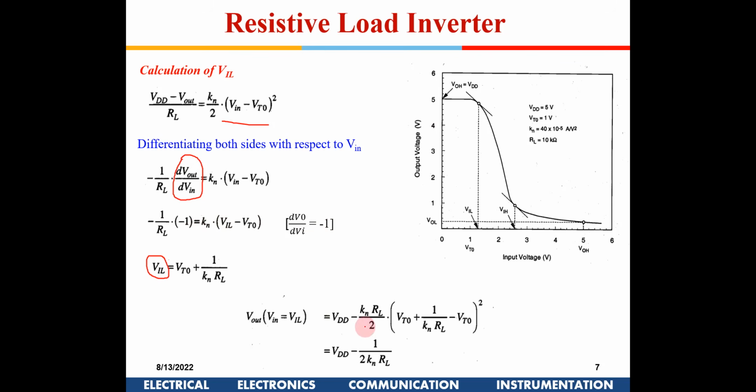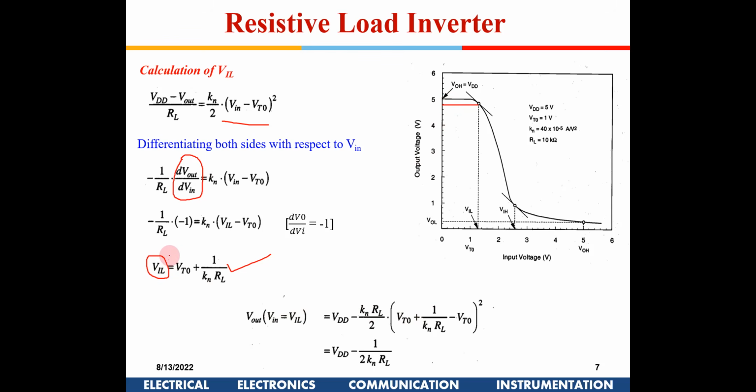Okay. So now from here we get a VIL equation. Now if I have to compute this V out corresponding to VIL, although there is no figure of merit like that, generally we talk only about VIL, VIH and noise margin. But for academic interest, say I have to find V out corresponding to VIL, it will be slightly less than VDD.